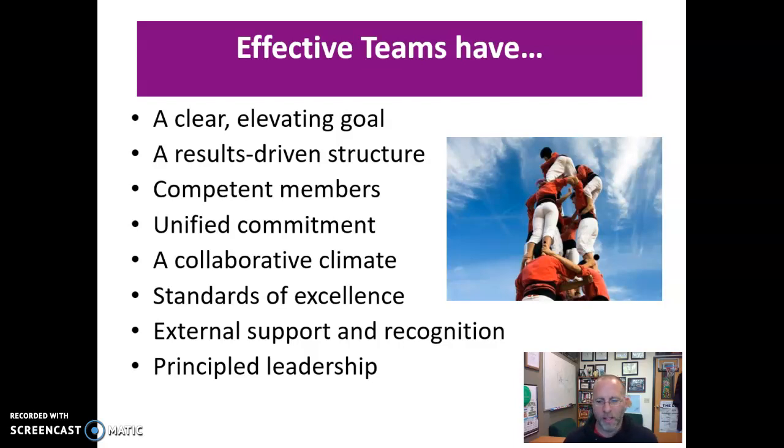Now, some things to think about in terms of effective teams. Generally speaking, I think these are principles that apply in most team situations. You have a clear, elevating goal, something that is beyond just your own self-interest, something that's beyond just checking your box, stroking your own ego, just getting things done that will benefit you and your career, or even the team.